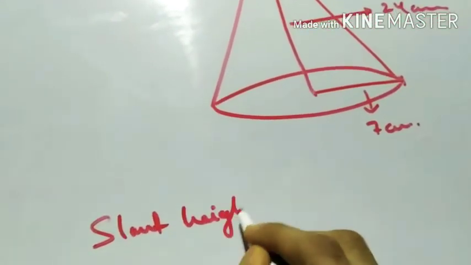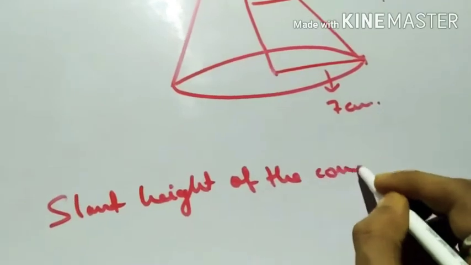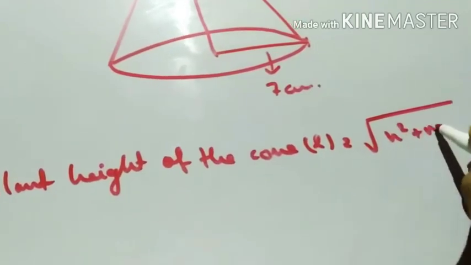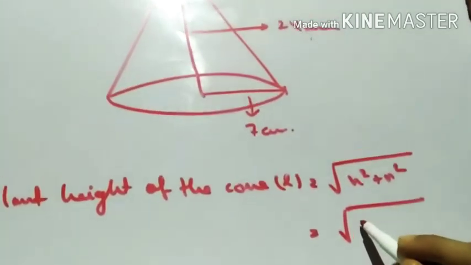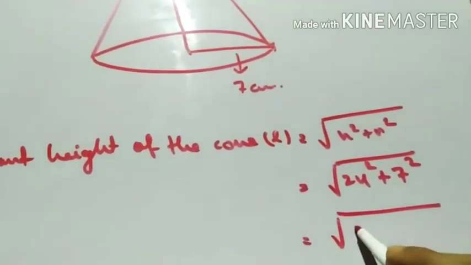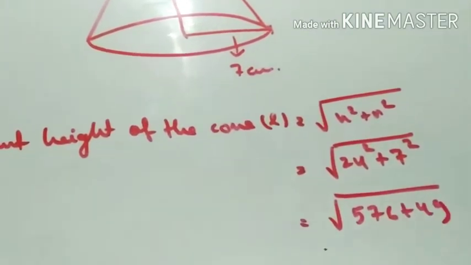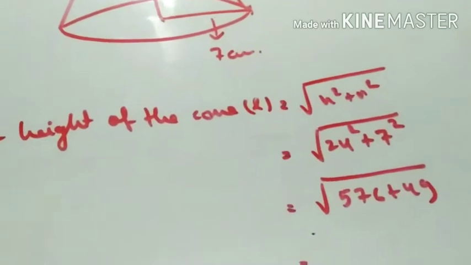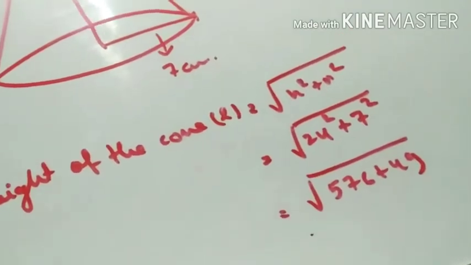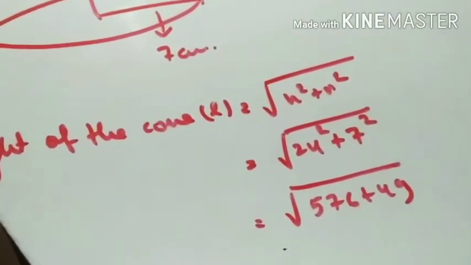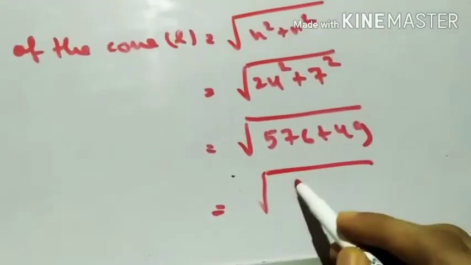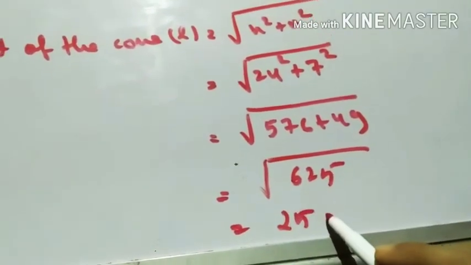Slant height of the cone, small letter l, is equals to root over h square plus r square. h is given as 24, so 24 square plus radius given as 7, so 7 square, is equals to 576 plus 49. 576 plus 49 is equals to 625. So it is root over 625, which is equals to 25 centimeter.